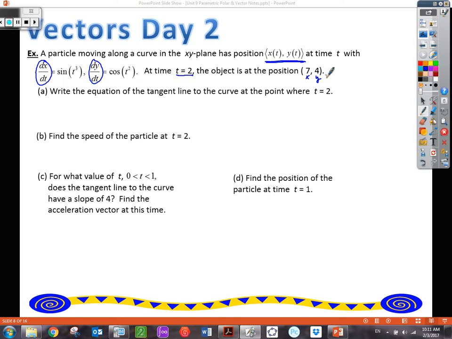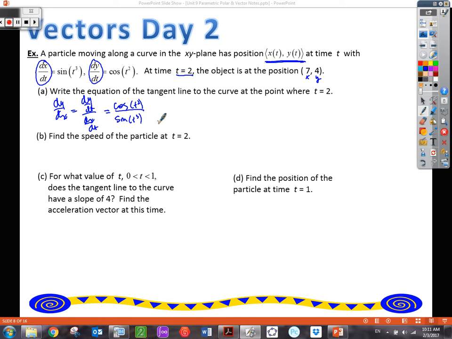The vector form of our velocity does not give us dy dx. So we need to actually write that out. So dy dx, if you recall from the formula, is dy dt over dx dt. Okay, and we have those formulas here. So dy dt is cosine of t squared, and dx dt is sine of t cubed.